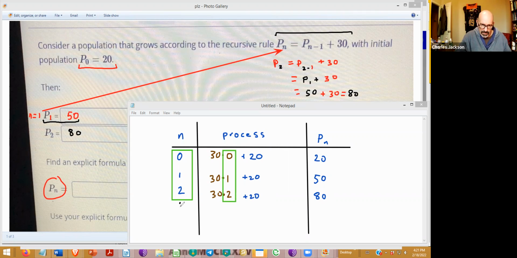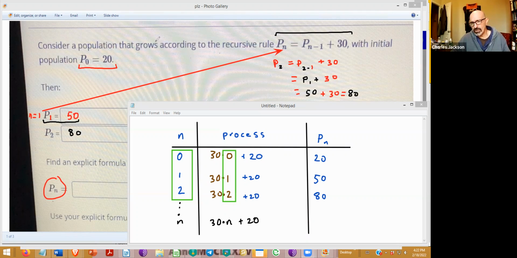So what if it's just n then? Well, it's the same, right? 30 times n plus 20. And that is your explicit formula for this phenomenon, this population growth.